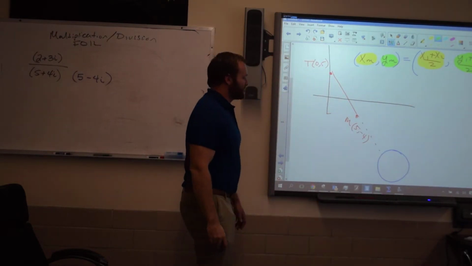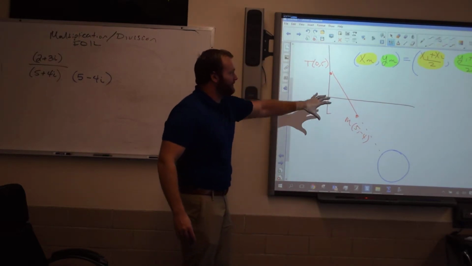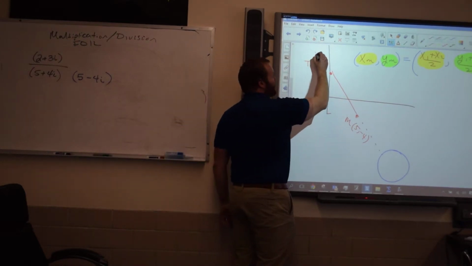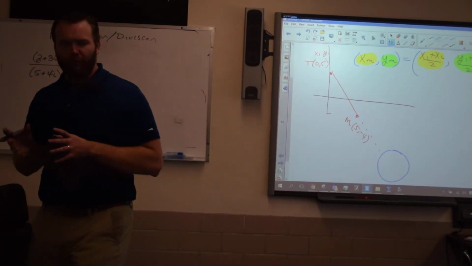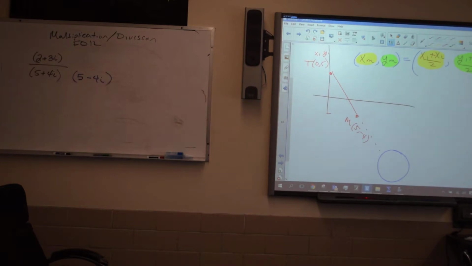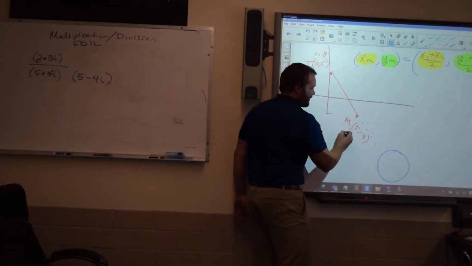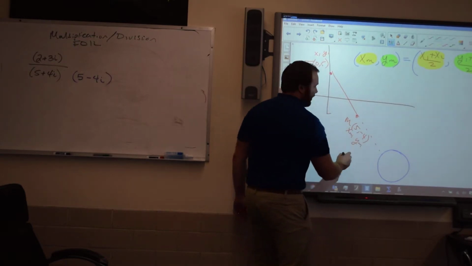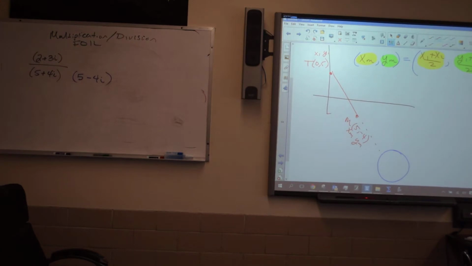Okay, so now I'm going to go back to my picture and realize what these values that they're providing me are. This is an (x1, y1). The x1, y1 and x2, y2 come from your endpoints. And this here is (x sub M, y sub M); the subscript tells you they come from my midpoint.